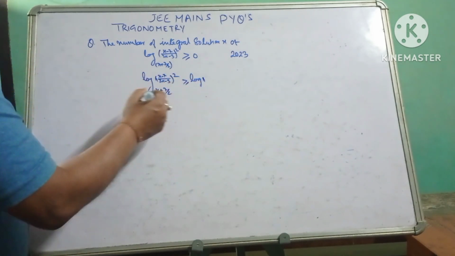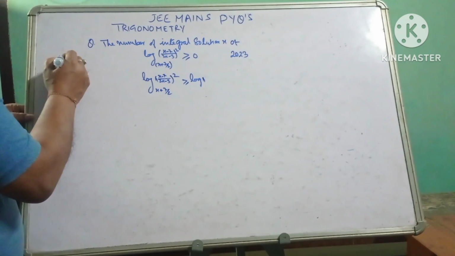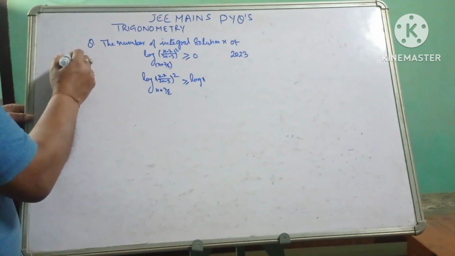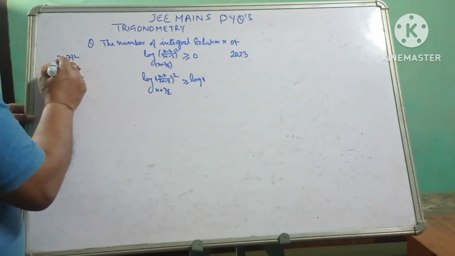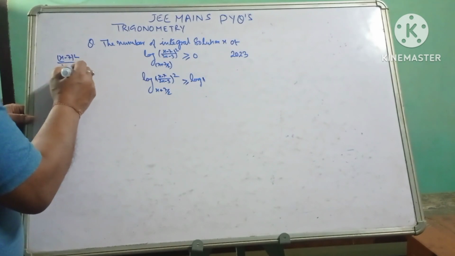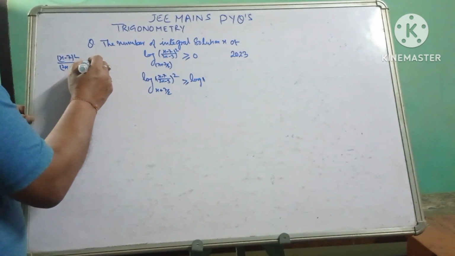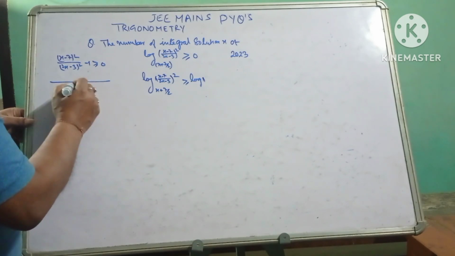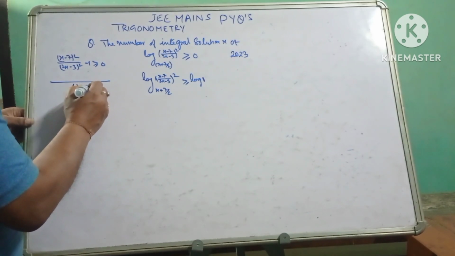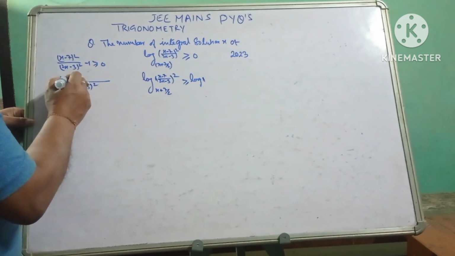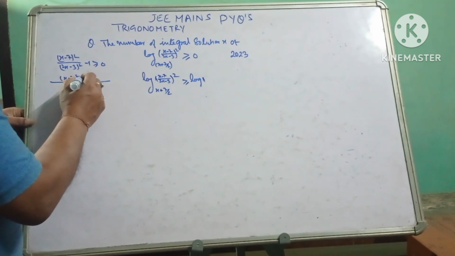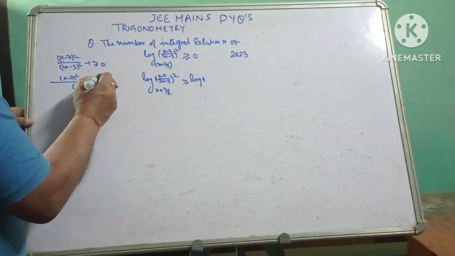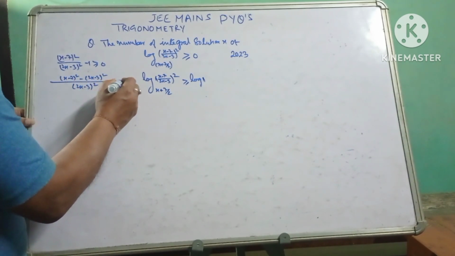So this comes out to be (x minus 7) the whole square by (2x minus 3) the whole square minus 1 greater than or equal to 0. So this LCM is (2x minus 3) the whole square: (x minus 7) the whole square minus (2x minus 3) the whole square, greater than or equal to 0.